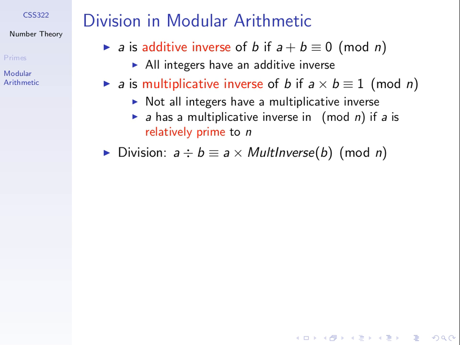That was an example of our normal arithmetic. What about division? What do we do?